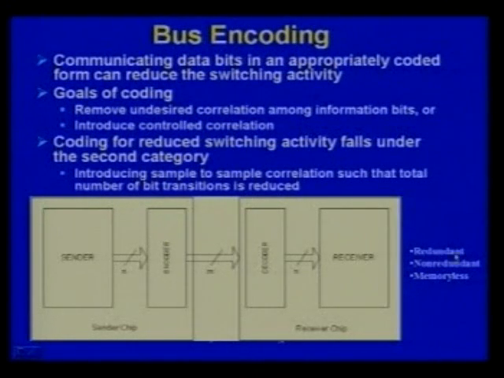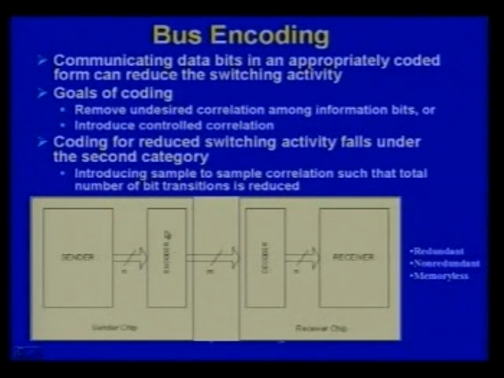One is redundant coding, where M will be greater than N, meaning you are adding more lines. It can be non-redundant if M is equal to N. If N is the number of data lines, or address lines, and the same N lines come out at the other end, it is called non-redundant coding.